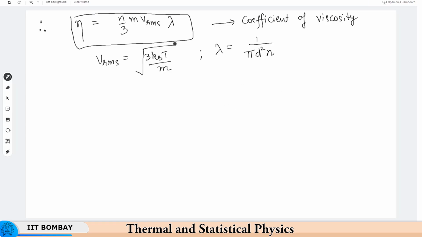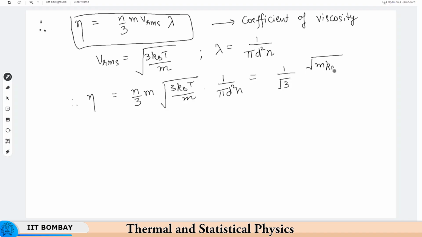If we substitute these values here, our eta becomes n by 3 times m times the square root of 3 kBT divided by m times 1 by pi d squared n, and if you do a little bit of simplification, this is equal to square root of m kB T divided by pi d squared.